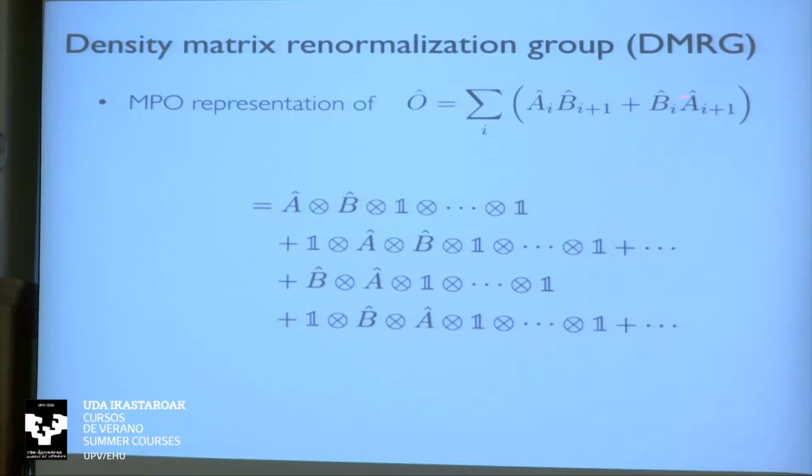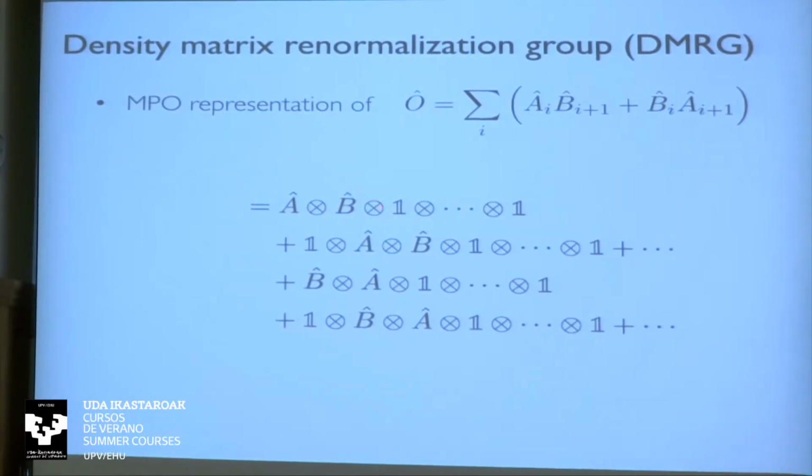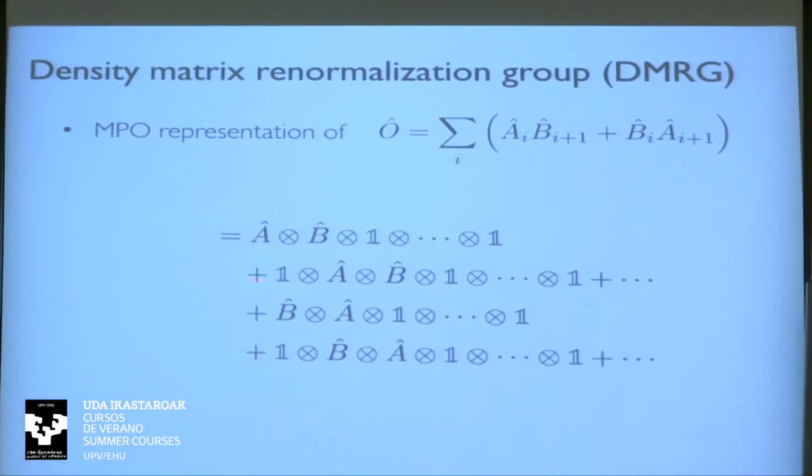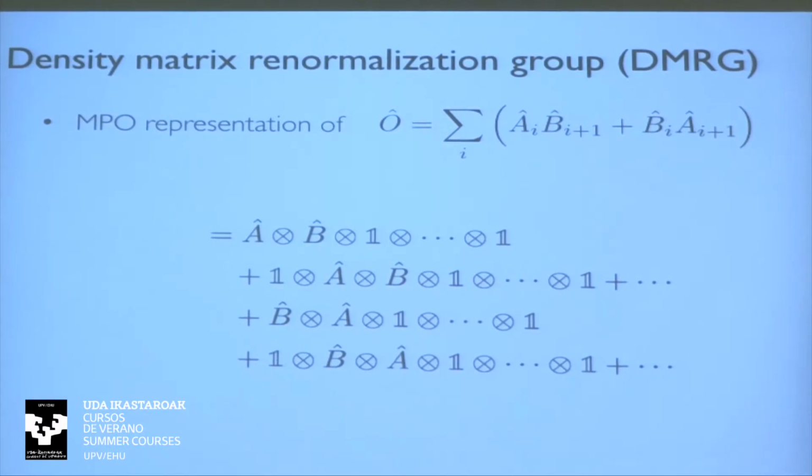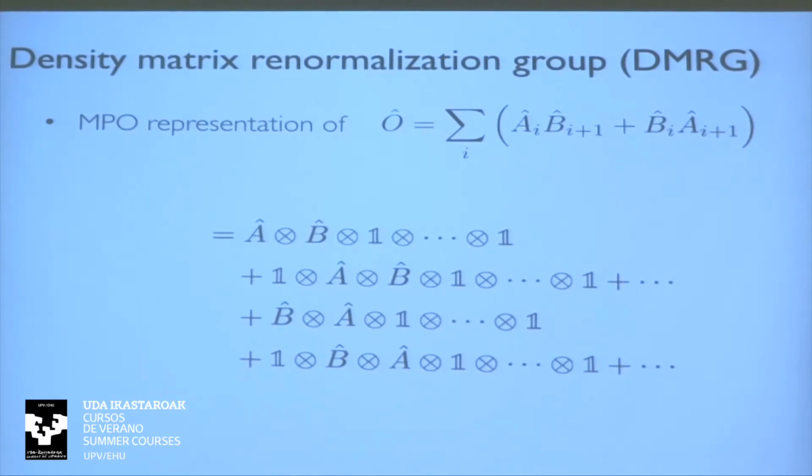If we have an operator like this, then in this kind of compact notation it means that we have some operator A acting on the first site, tensor dot with some operator B acting on the second site, tensor dot with identity everywhere else, plus identity on the first site, A B, identity on anything else, and so on and so forth. So this is actually what we want to express now.